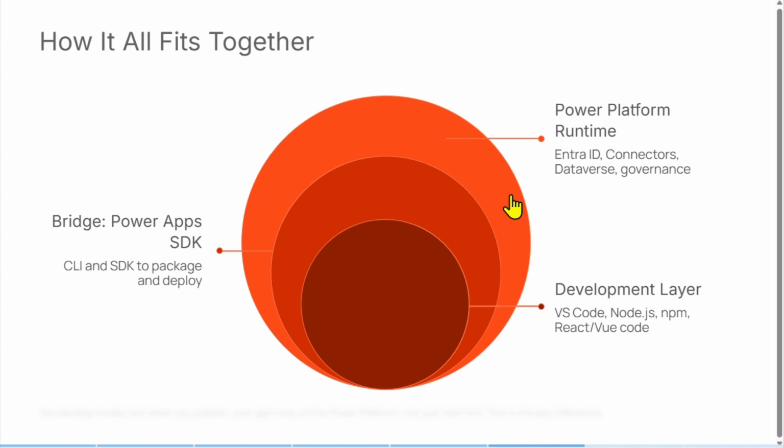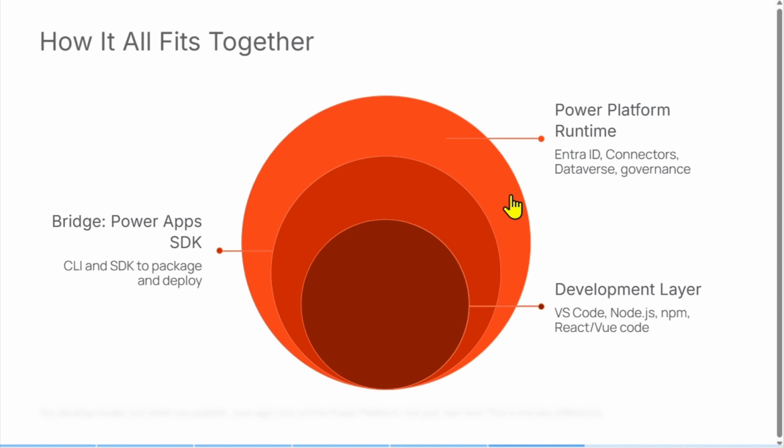The development layer is where you write your code using tools like Visual Studio, Node.js, NPM, and frameworks like React or Vue. The bridge layer includes the Power Apps SDK and CLI. It converts your local development to the Power Platform environment and helps you package and deploy your app.